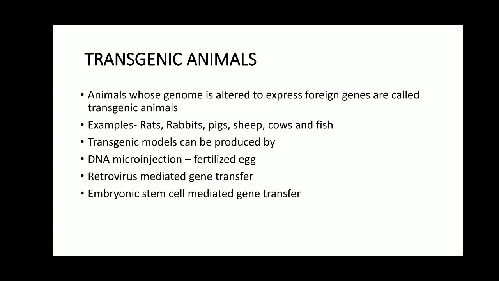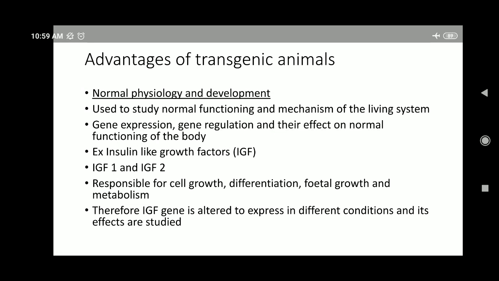Who knows how the vaccine is going to react? Yes or no? For that particular purpose, we require transgenic animals or transgenic models. So the transgenic animals can be used to study normal functioning and mechanism of the living system.